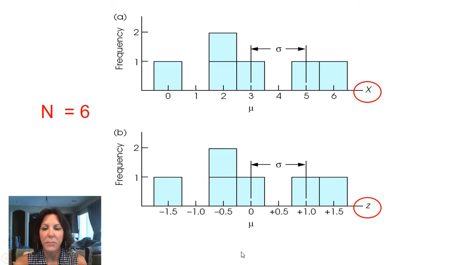So right now, at the bottom where we have all the scores turned into z-scores, we now have a z-score of 1, which is equal to 1 standard deviation. What is 1 standard deviation in this case? It's 2.